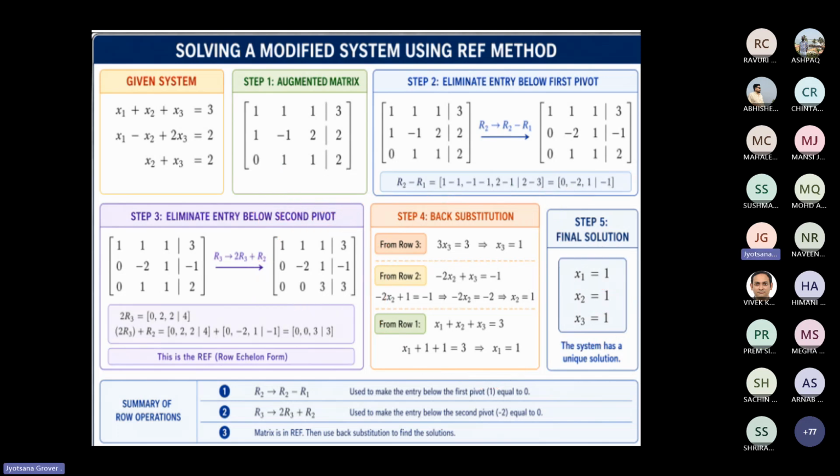I was just telling you the concept, why you got a unique solution: the rank of the augmented matrix is the same as the rank of A, which is equal to the number of variables, 3. So that's the reason you are getting a unique solution.